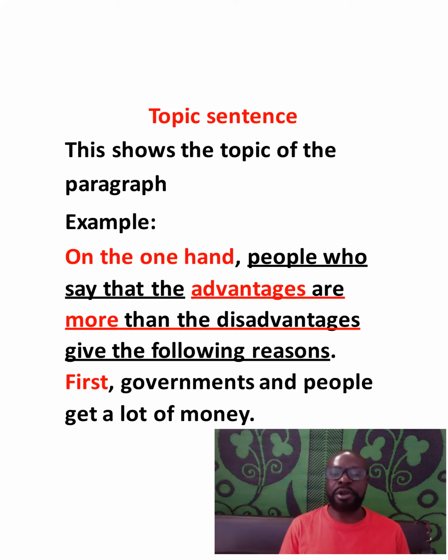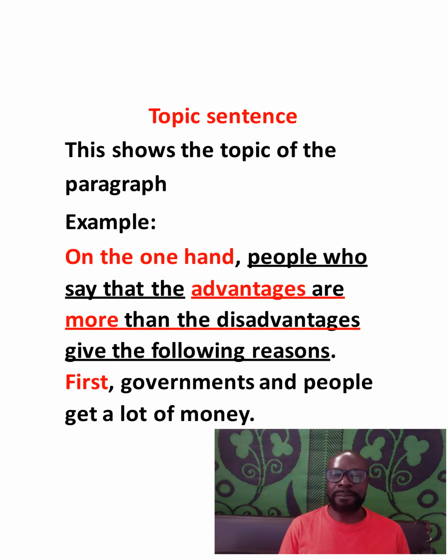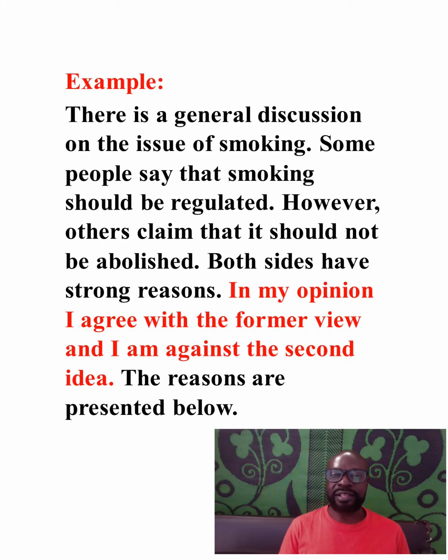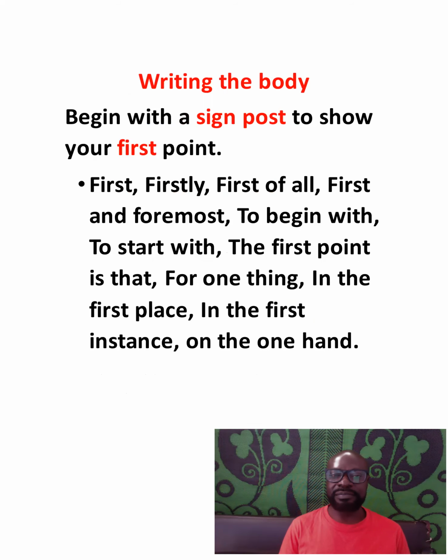For example, on the one hand, remember, on the one hand is our signpost to show that this is my first point. But you don't have to use on the one hand all the time. You can use any of those words.